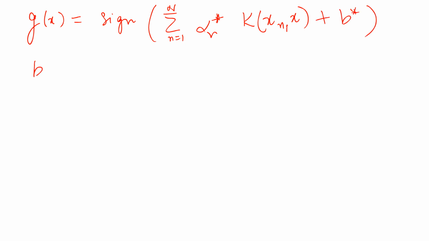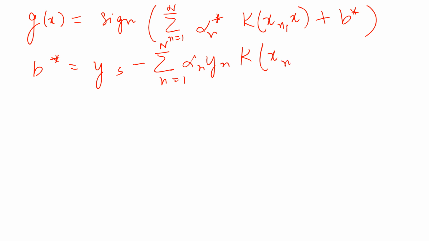Here b star as usual is ys minus the sum for n from 1 up to N of alpha n yn k of xn, xs, where xs is a support vector, of course, and alpha s is greater than 0.